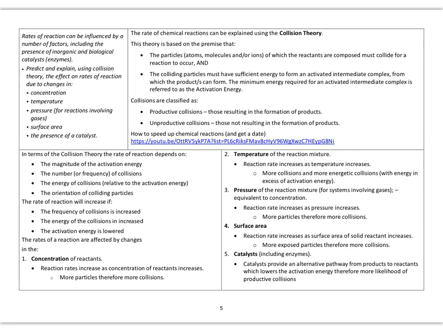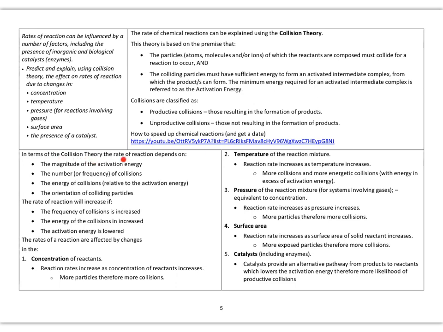Collisions in our collision theory are classified as productive collisions, those resulting in the formation of products. So with those where there is enough energy, the activation energy criteria, if you like, is met, so a new substance can form. Or we can get unproductive collisions, which are those not resulting in the formation of products. That's where we don't have enough energy to get something formed.